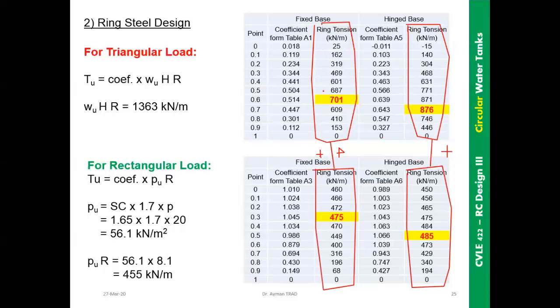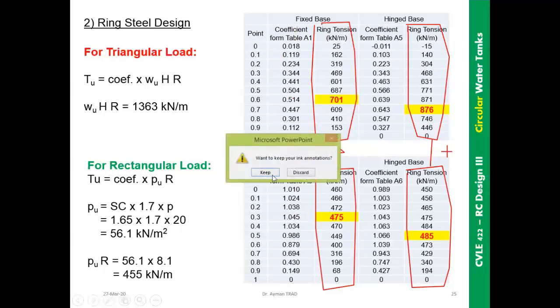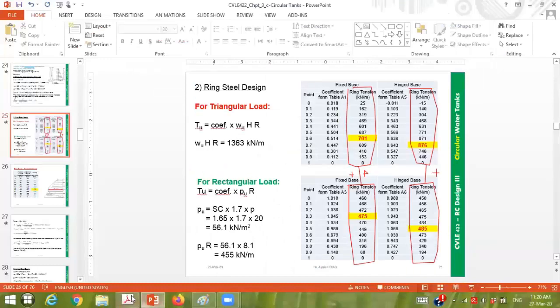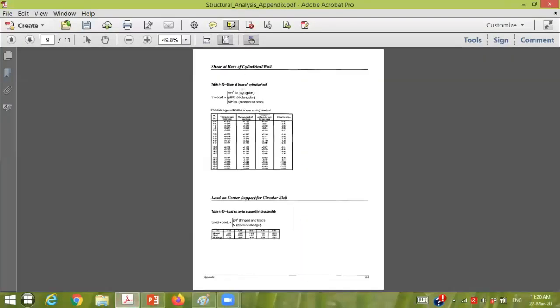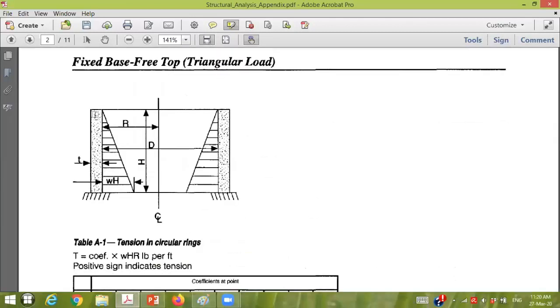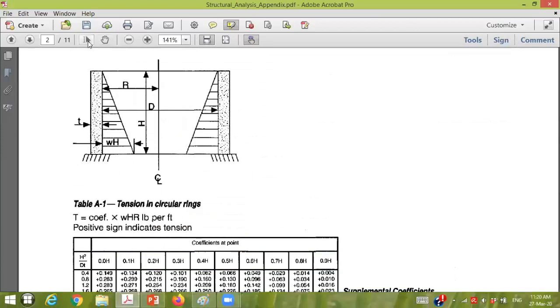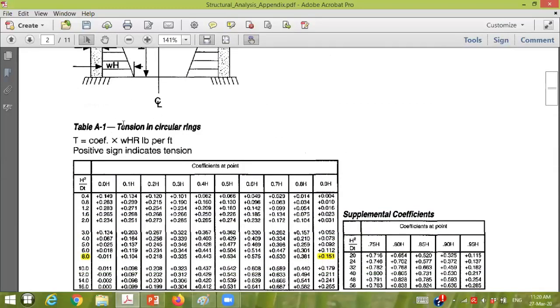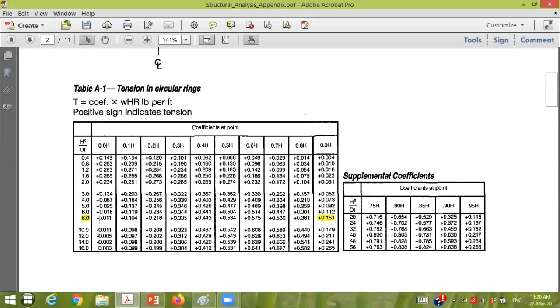طيب بس هنرجع نشوف هالابندكس حتى نتأكد انه الكوفيشنتس استخدمناهم بشكل مظبوط وانه كمان استخدمنا التيبل المظبوط. So going to the beginning of this appendix, again fixed base free top في عنا triangular load distribution, the ring tension table h square over dt equal to 6 هيطلع معنا الكوفيشنت بلش ب 0.018 وبيخلص ب 0.112.